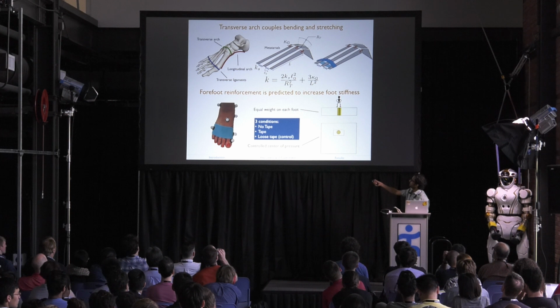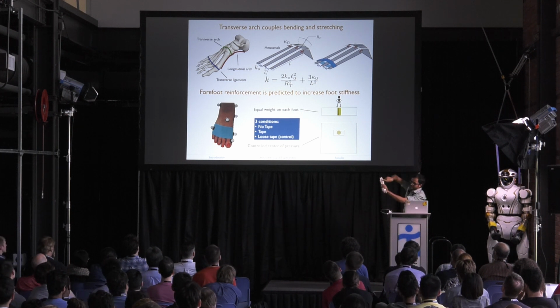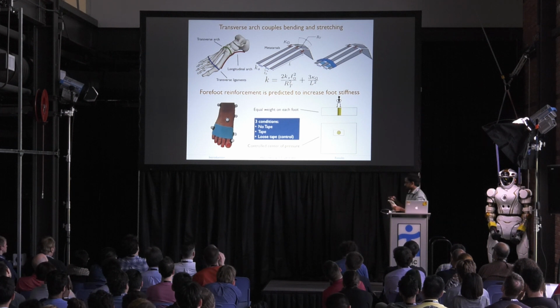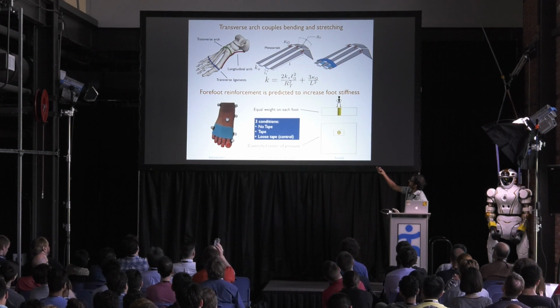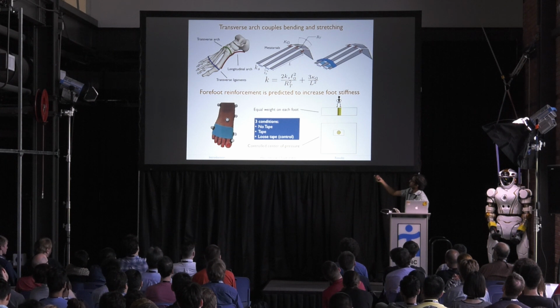On the distal end, we have springs of stiffness Ks that model the transverse ligaments, which are a band of tissues in the forefoot. Notice that these metatarsals have misaligned directions of bending. So they're hinged here, but they have misaligned bending directions. The misalignment models the curvature of the transverse arch with a radius of curvature RT.